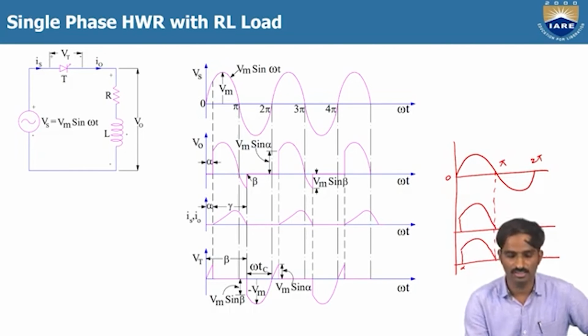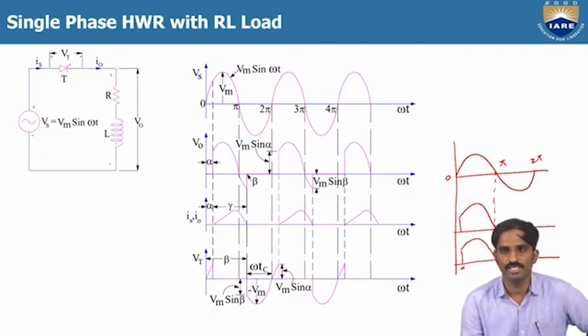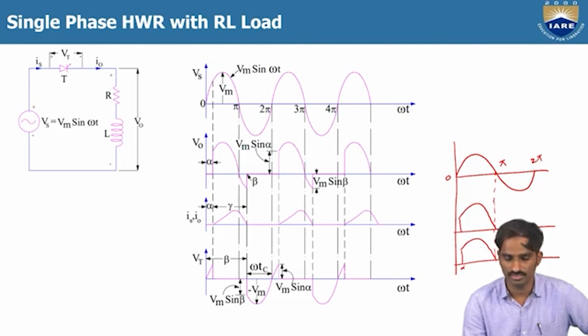Because of the basic property of the inductor: it does not allow a sudden change in the current. That's why it is gradually increasing. After it reaches the peak value, it gradually decreases and becomes 0 at beta.